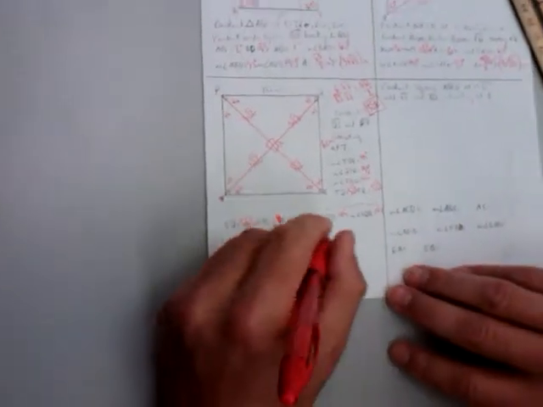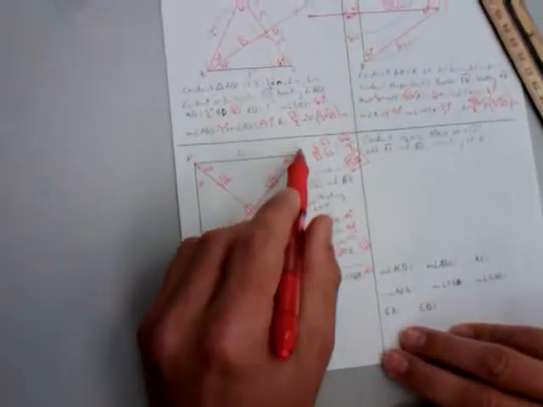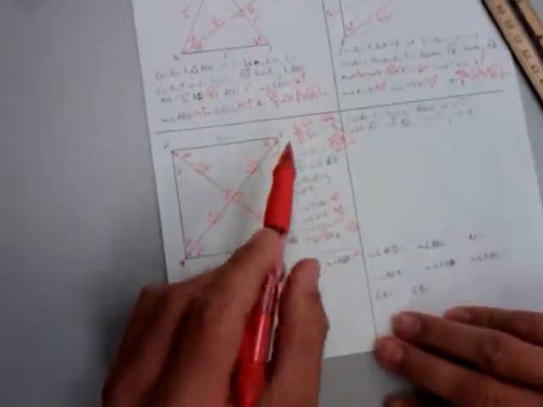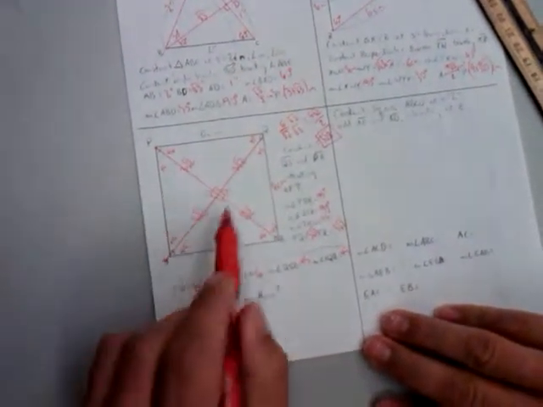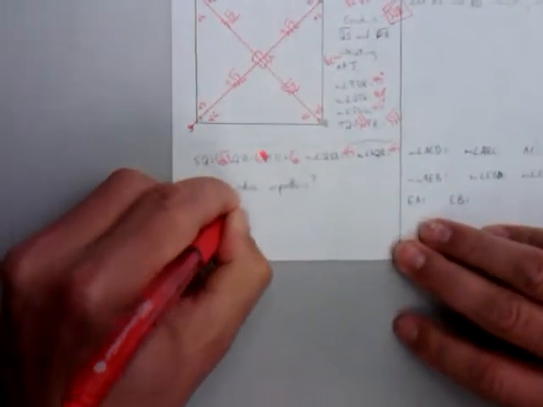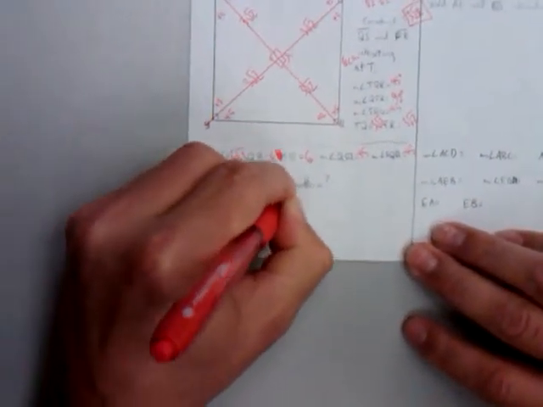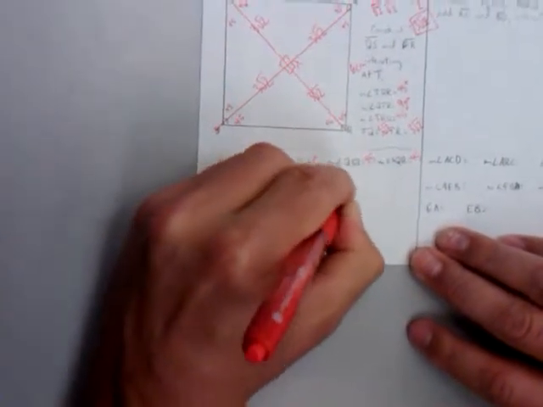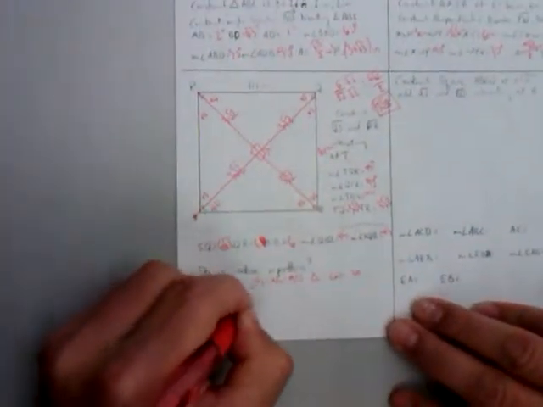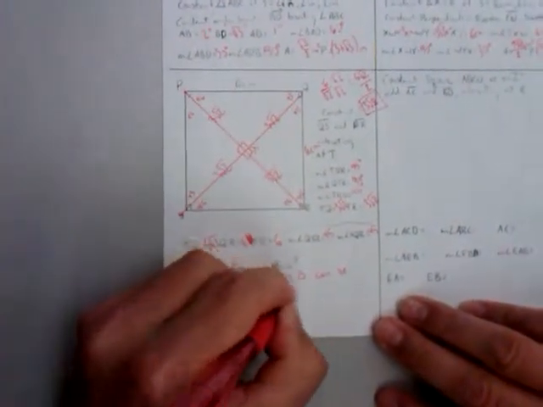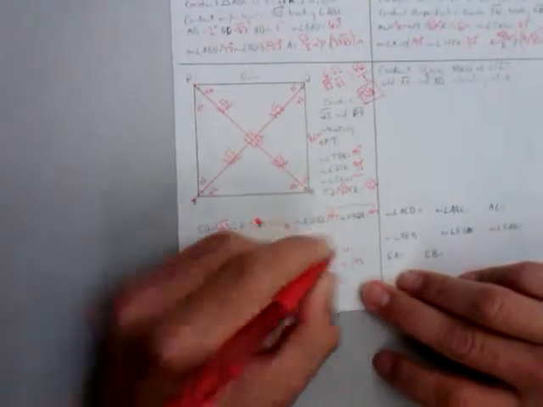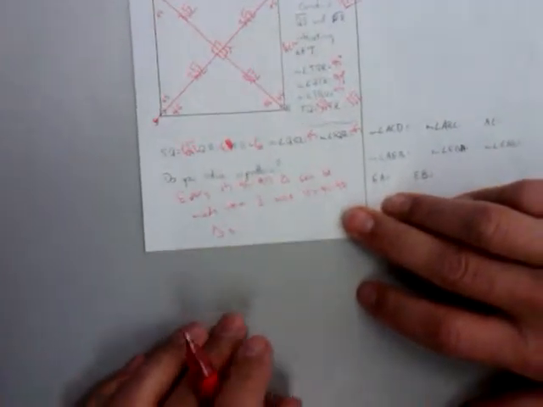Well, what I notice is that we have a big 45, 45, 90 and a little 45, 45, 90. And when you cut a 45, 45, 90 triangle in half, you get two more that are exactly the same thing. So every 45, 45, 90 triangle can be made into two more 45, 45, 90 triangles, which is interesting.